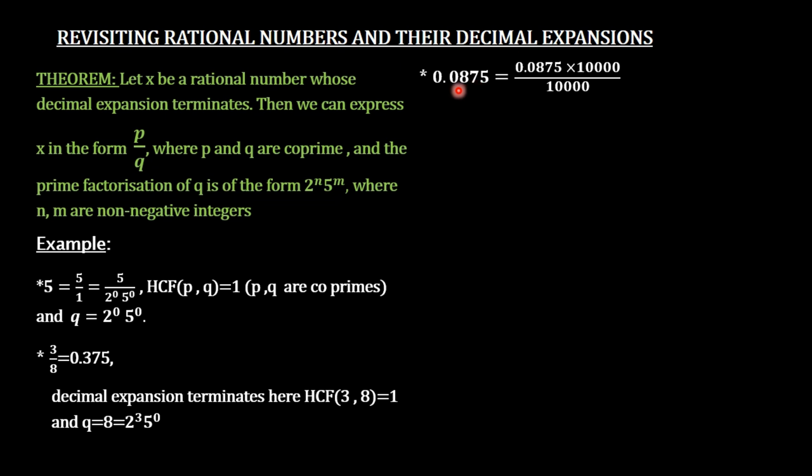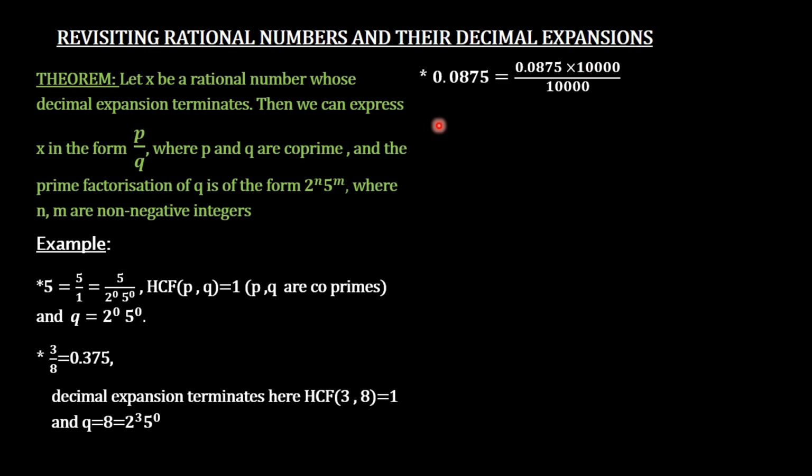For representing that, we have studied earlier what to do. We have to count the digits after the decimal point, that is 1, 2, 3, 4. Then we have to multiply by the corresponding power of 10. Here we have 4 digits after the decimal point, so we multiply by 10,000. If we have 2 digits, we multiply by 100 and divide by 100.